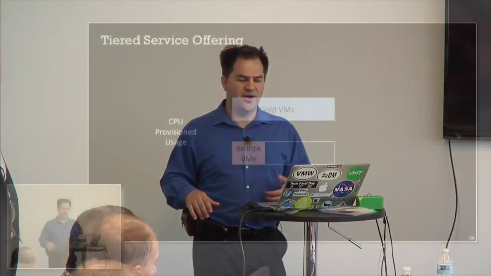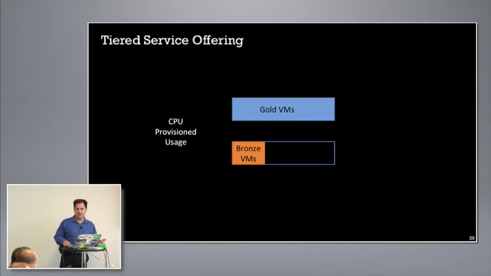One of which is to provide differentiated service offerings, and I think I briefly alluded to this, to be able to say that some of the VMs are going to be really important, some other VMs are not so important, and I want to intelligently manage how I allocate those resources.